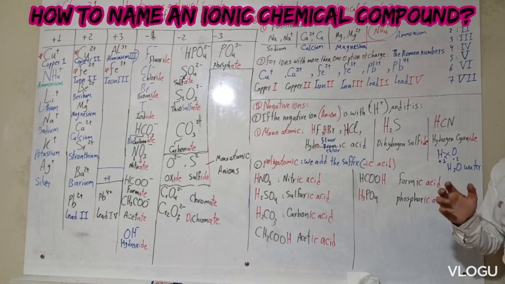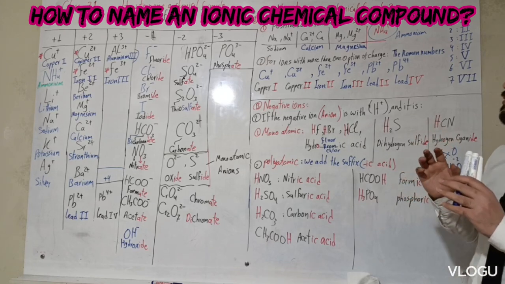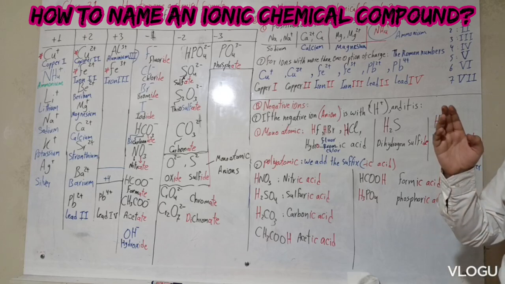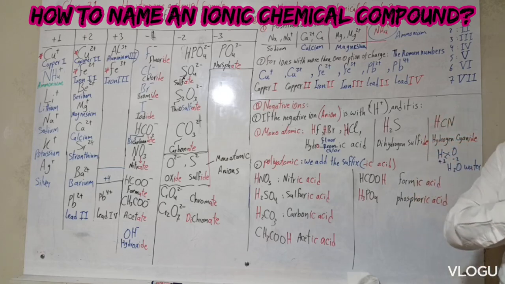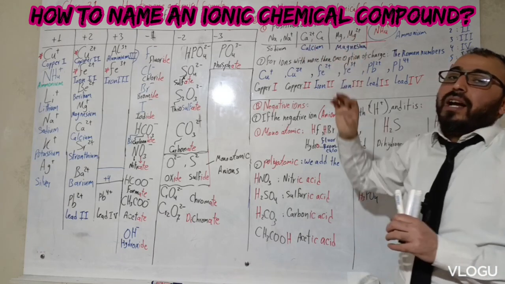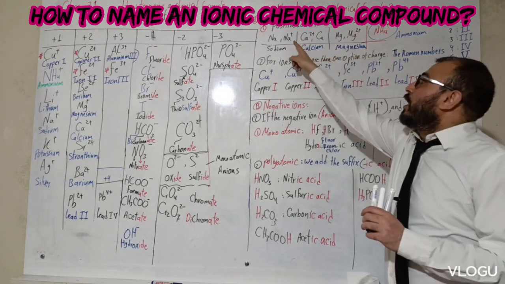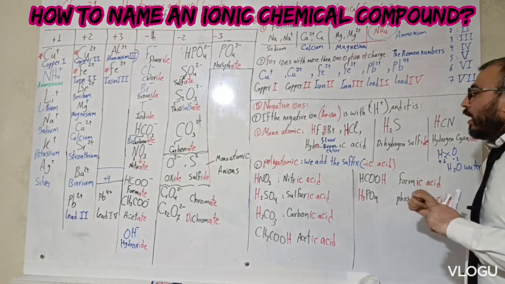Again, my friends, let me summarize what we have learned so far. In here, we said that a negative ion changed its name when it is related to positive ions which have the same name when they were atoms and when they become ions.